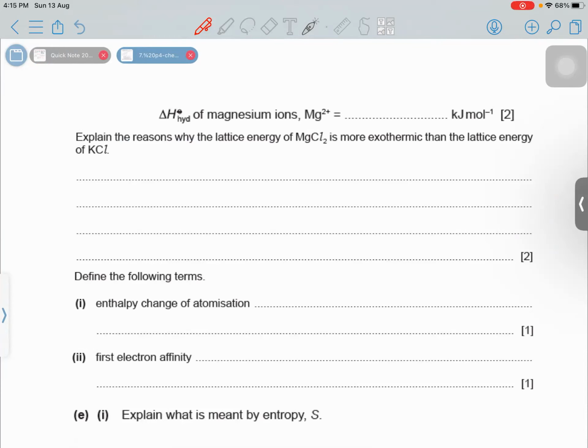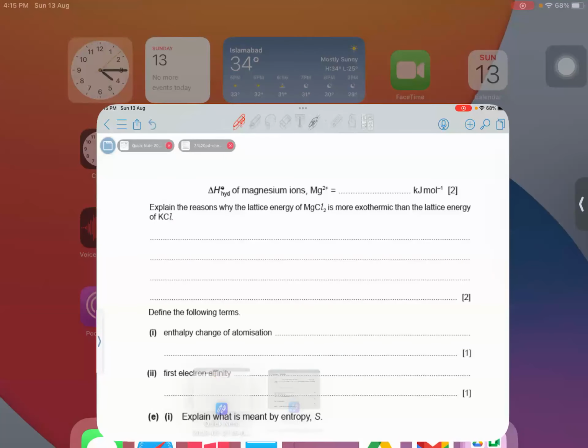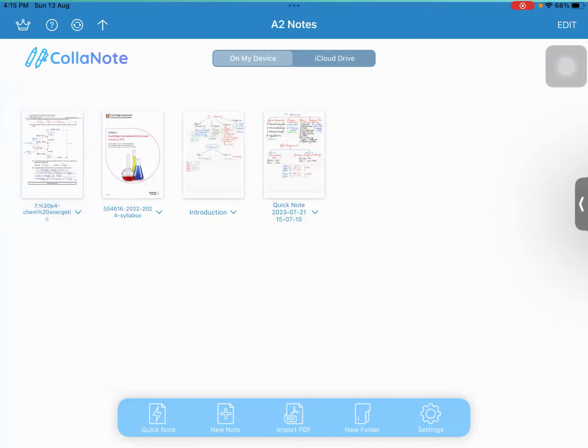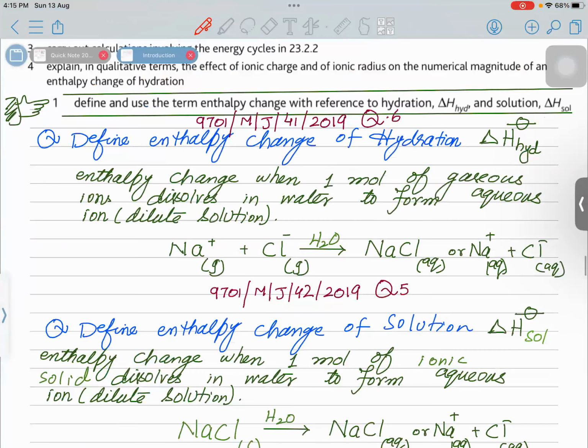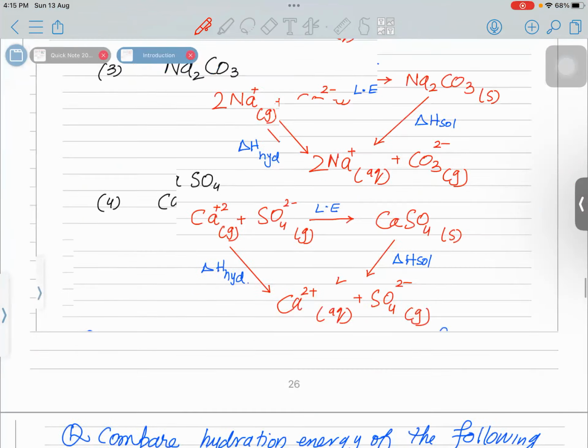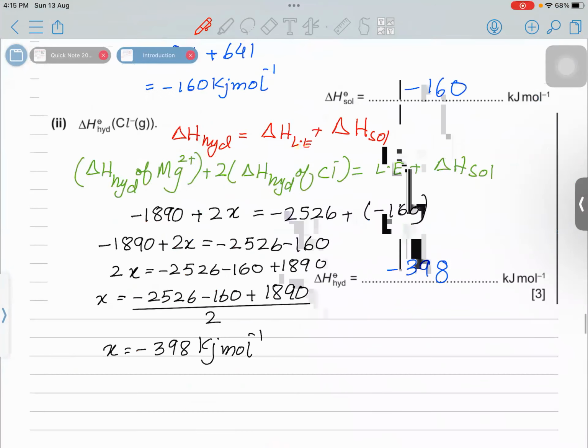Are you getting my point? I have my notes also. So I will send this file and the past paper file.